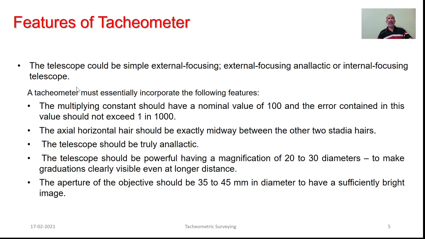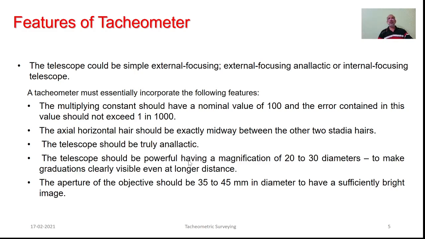We will discuss more about this multiplying constant as we proceed further. The axial horizontal hair should be exactly midway between the upper stadia as well as lower stadia. The telescope is truly analytic. Again, this term we are going to touch as we move ahead.